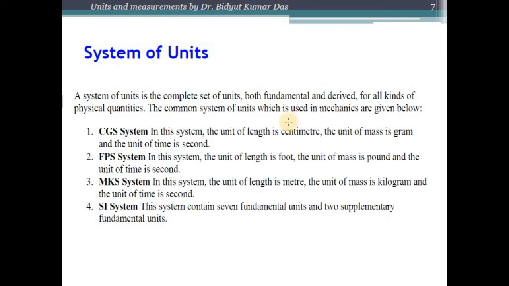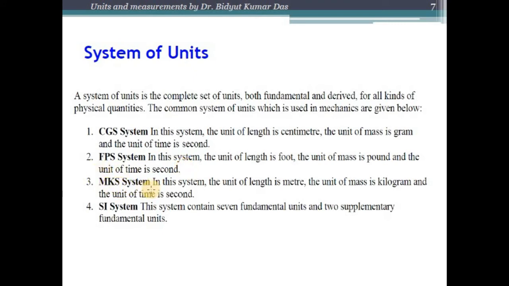There are a number of unit systems, and these are the common ones used in physics. In the CGS unit system, length is expressed in centimeters, mass in grams, and time in seconds. In the FPS system, length is expressed in feet, mass in pounds, and time in seconds.